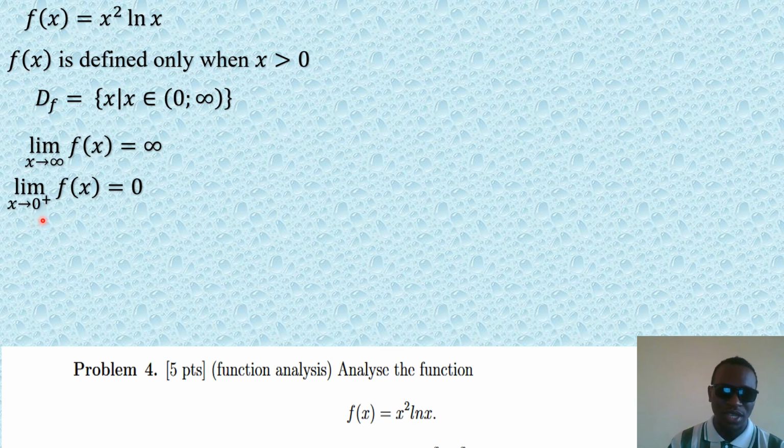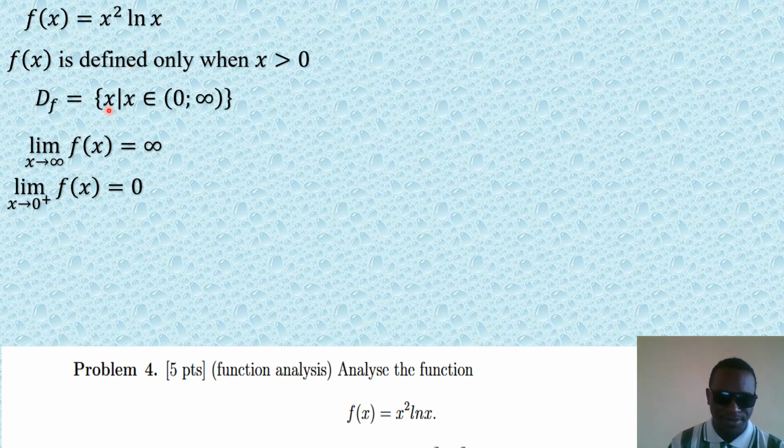As x tends to 0 from the right, this natural log of x grows to negative infinity. When they say 0 from the right, take a value greater than 0, but not very far from 0. So you can take 0.00001 and evaluate natural log of that. It will become what? A negatively large value. So as x tends to 0 from the right, this natural log of x will approach a negatively large value.